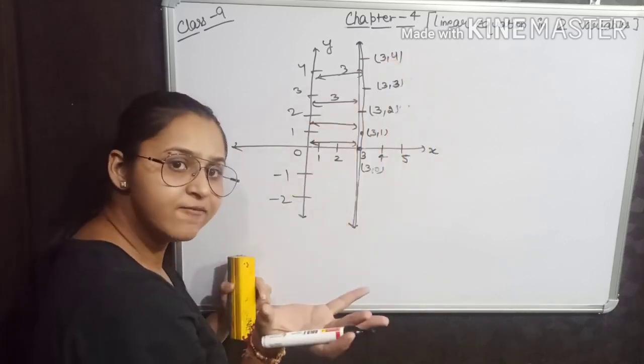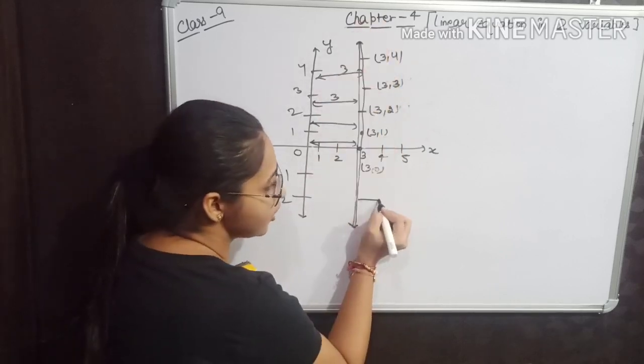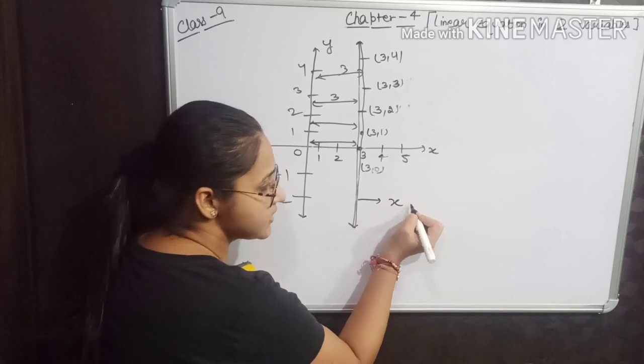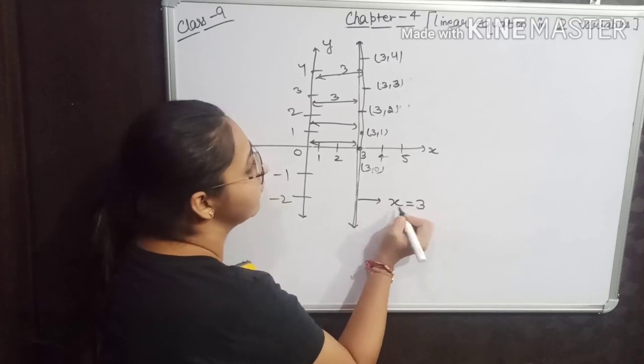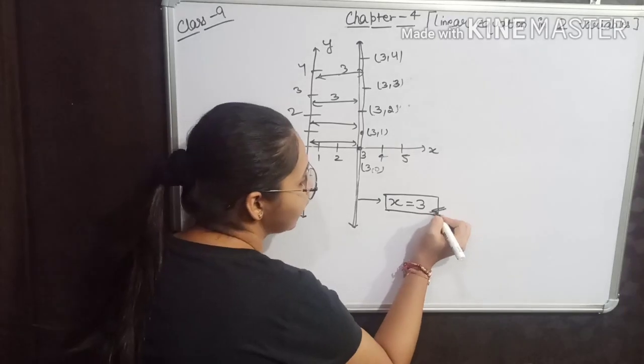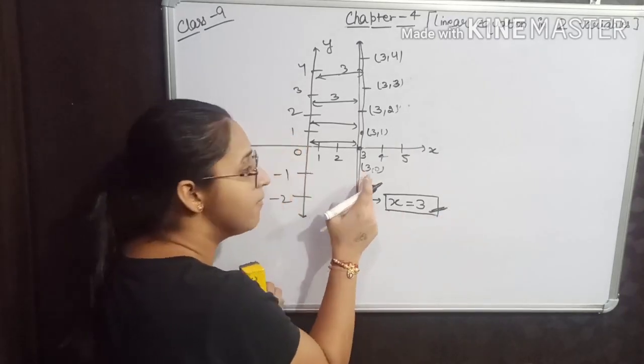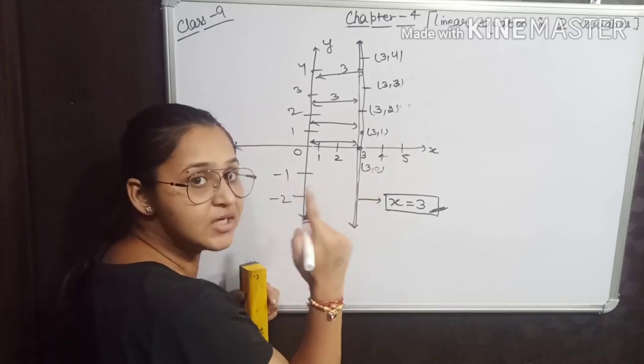So you can easily find the equation of this line. What will be the equation of this line? The equation of this line will be x = 3. Why? Because the x coordinate is fixed, that is 3, but y is changing its value.